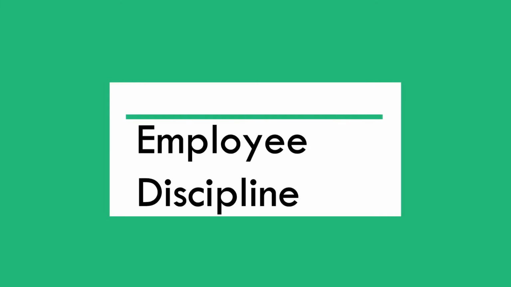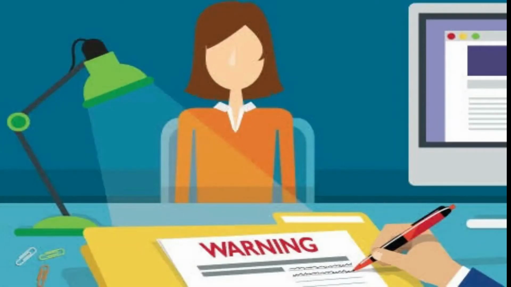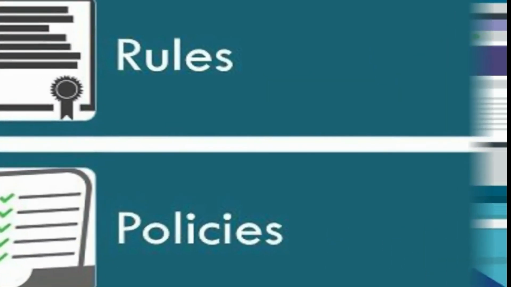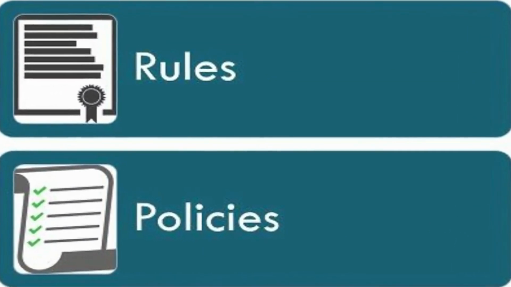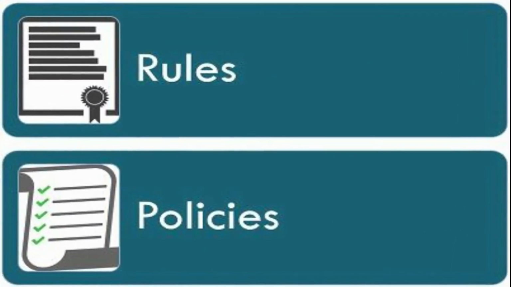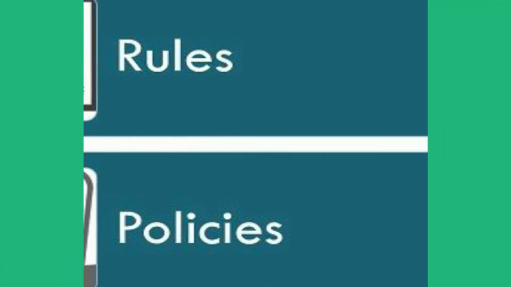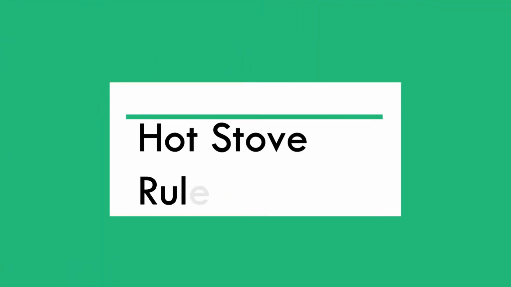Employee discipline. To ensure that progressive discipline is happening in the workplace and certain for the employees, rules and policies must be fair, legal, and effective in such a way that it is consistent, fair, proportionate with behavior, and it is clearly communicated.